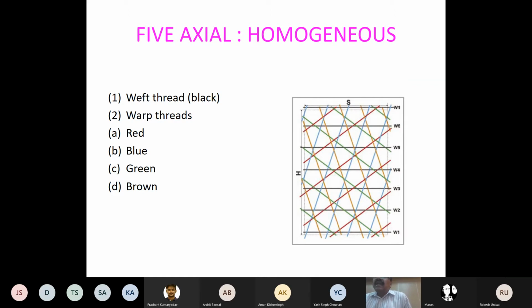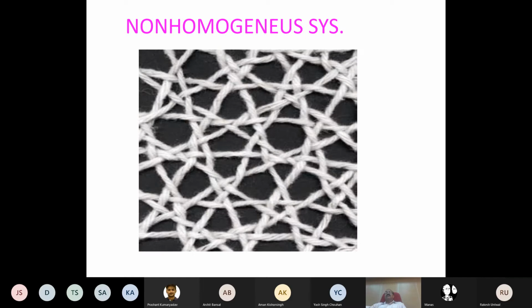See, every color, if you mark them, they're placed at equal distance. So this is 4 warp, 1 weft, multi-axial, homogeneous. Similarly, you can have a look. This is a non-homogeneous, multi-axial.